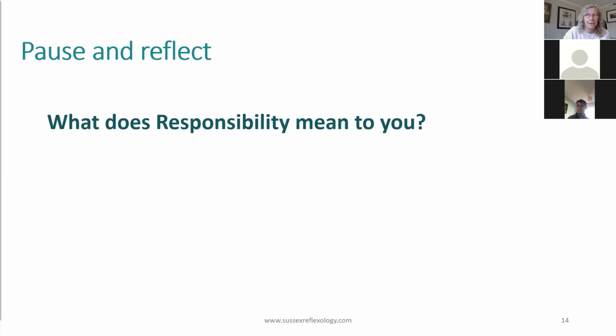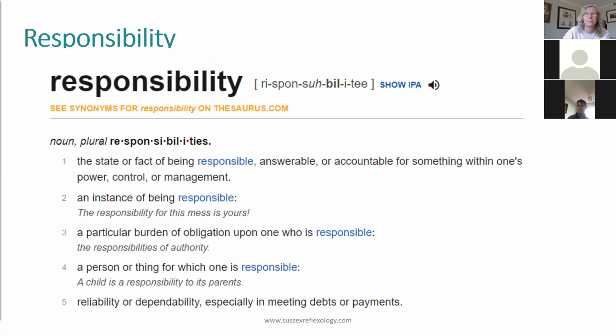And the definition of responsibility is the state or fact of being responsible, answerable, or accountable for something within one's power, control, and management. So when we think about that in the context of resilience, there's a way of changing the way we look at that.